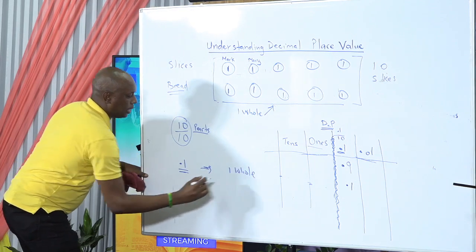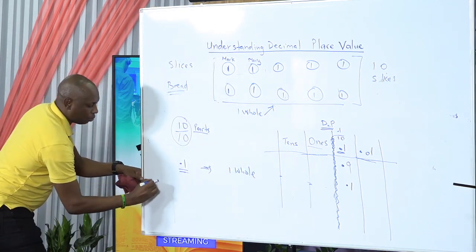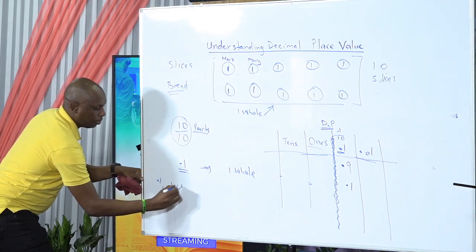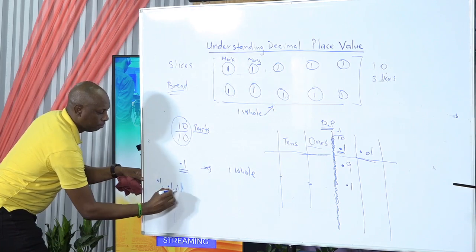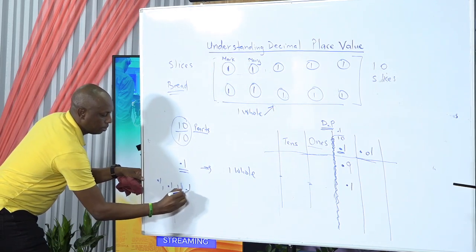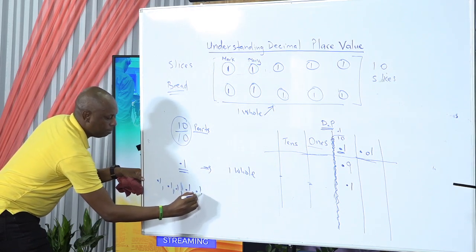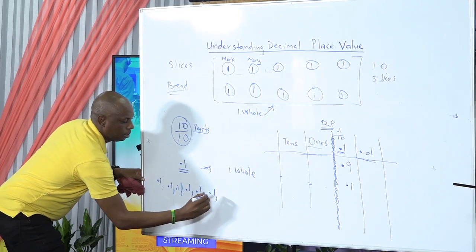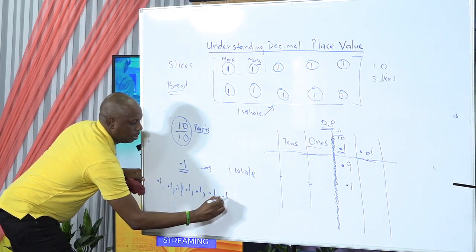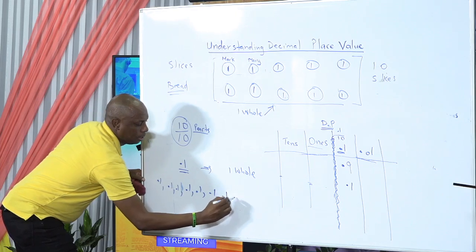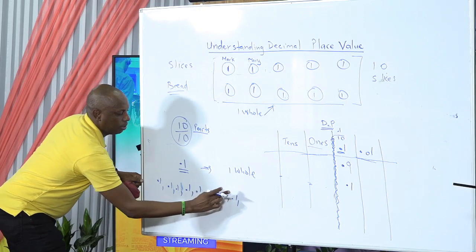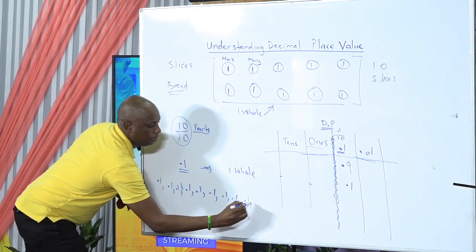So let's look at it. If I were to write down 0.1, I'm going to write down all 10 of them. 1, 2, 3, 4, 5, 1, 2 to go.